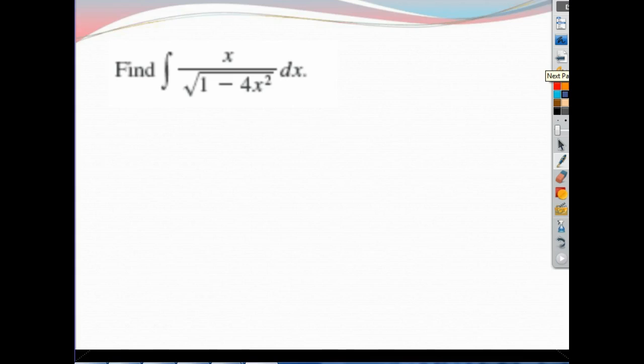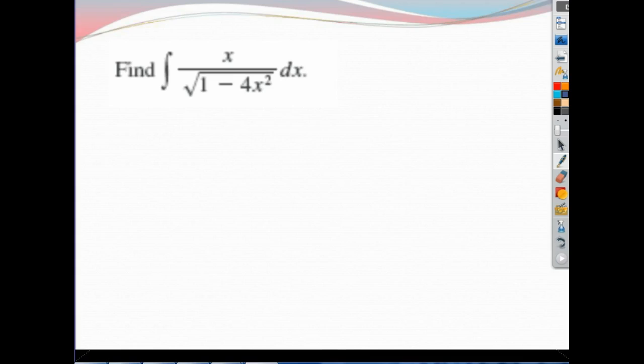What's the complicated part of the problem? You have variables on the numerator and the denominator. It's a little complicated. But what we don't know how to do is the chain rule, right?